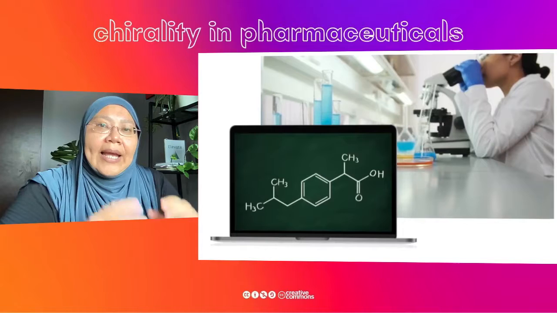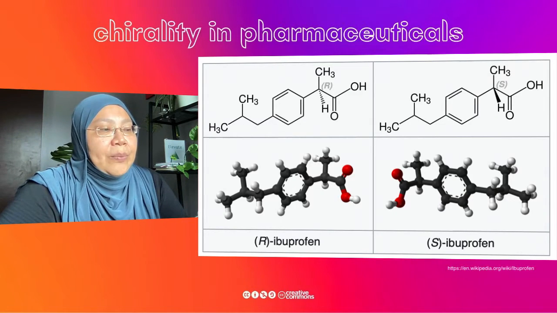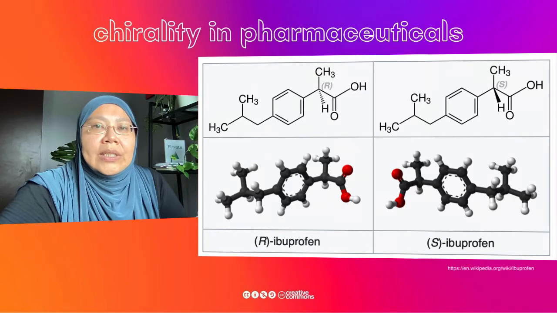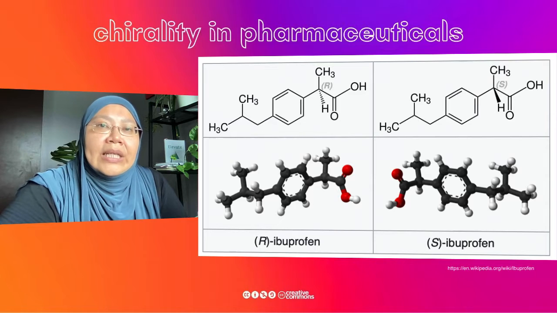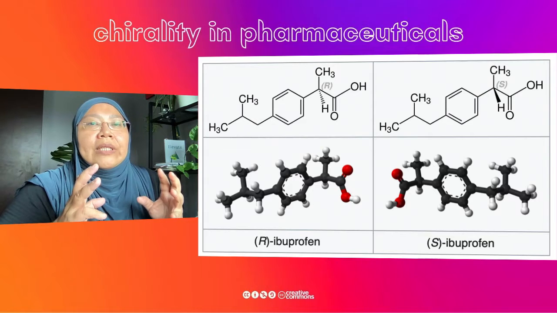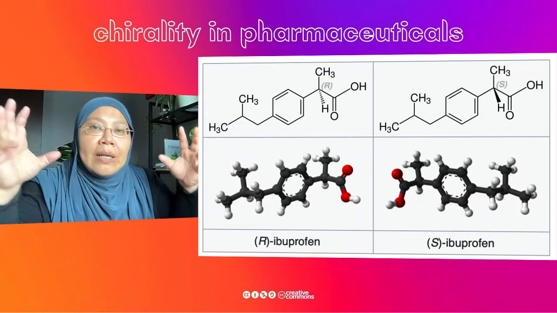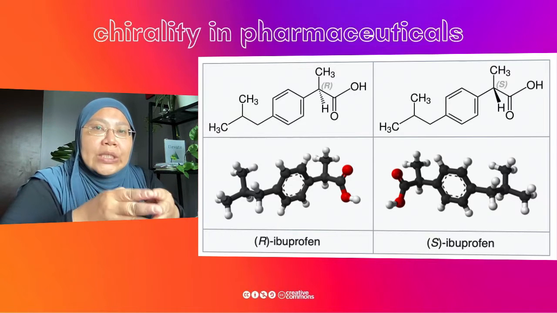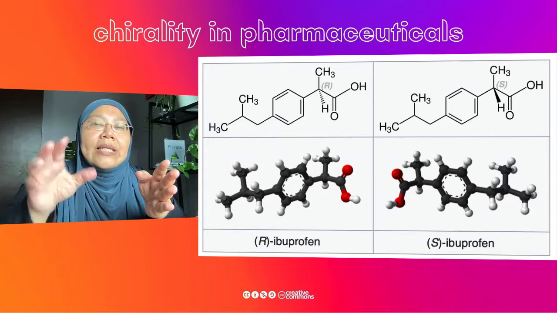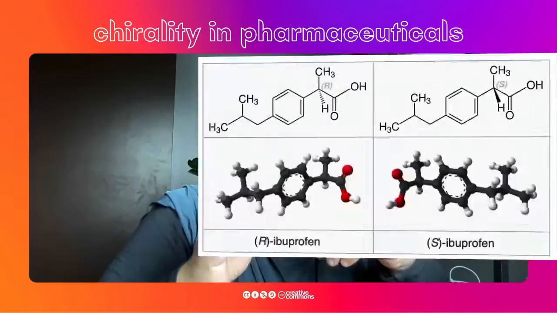Recent research has shown that the S isomer of ibuprofen is the active drug, whereas the R isomer of ibuprofen is inactive. So much of the effort of the pharma companies that produce ibuprofen actually focuses on separating the R from the S. And what they want is the S isomer, the S ibuprofen.